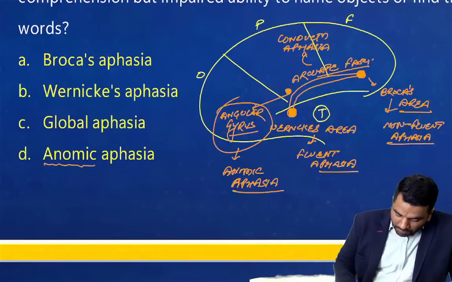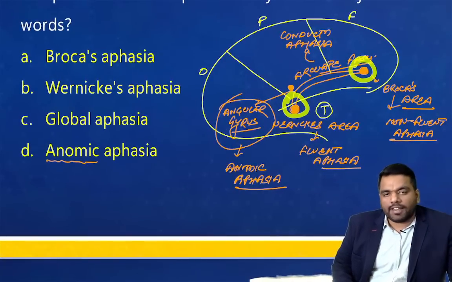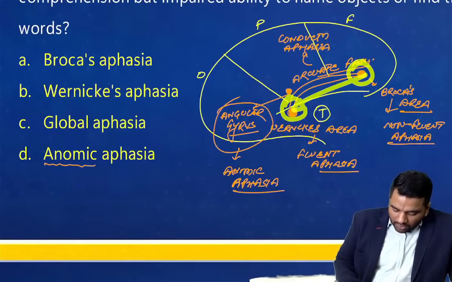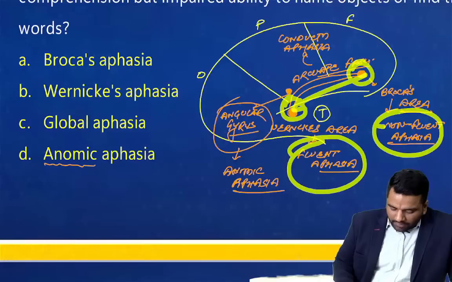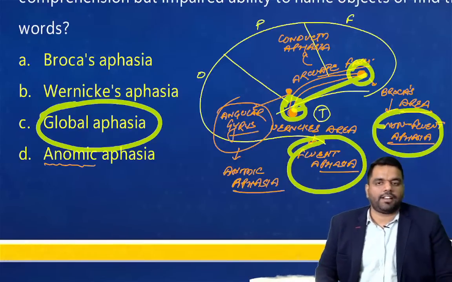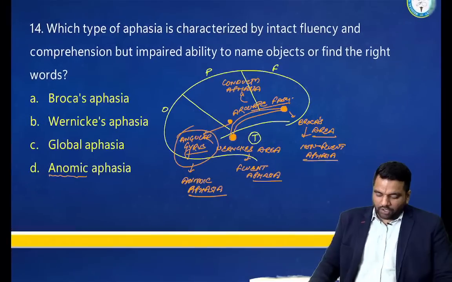And if both areas are damaged, Wernicke's gone and Broca's gone, then fluent and non-fluent aphasia are together. This we call global aphasia. So I hope you can easily remember all of these areas.